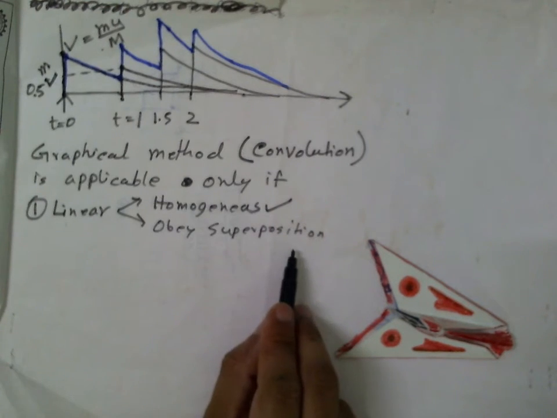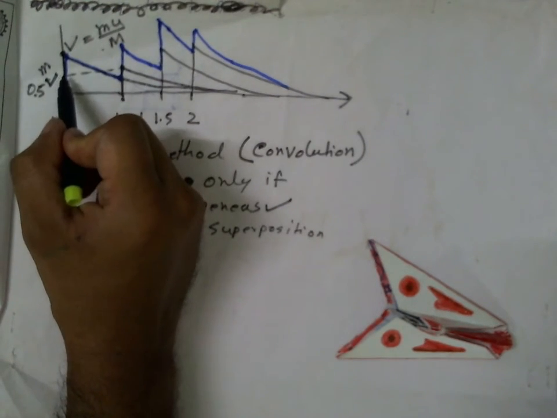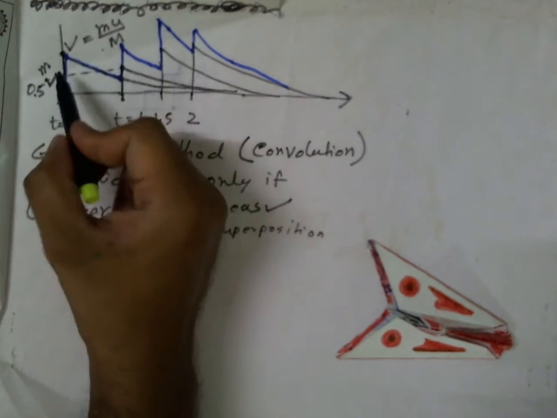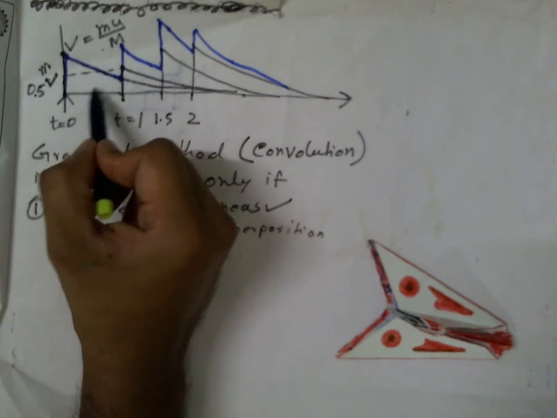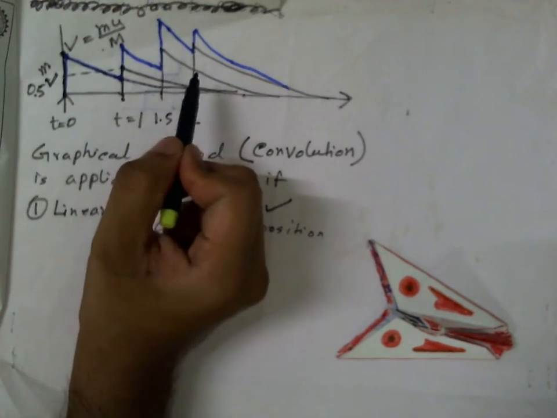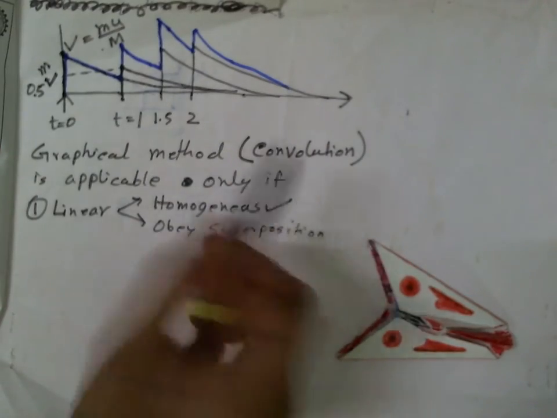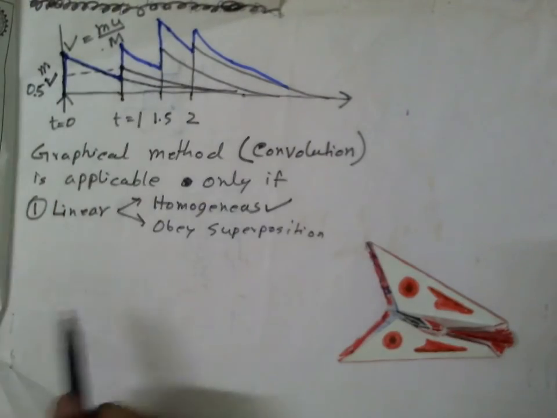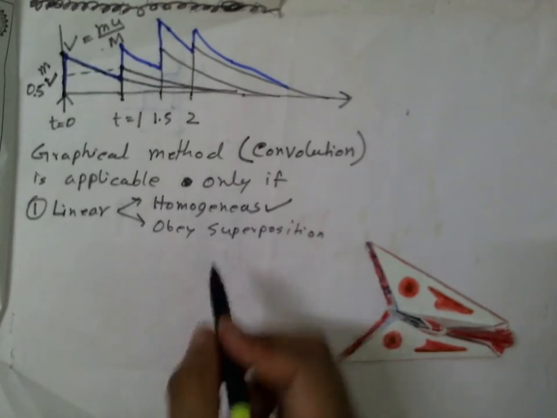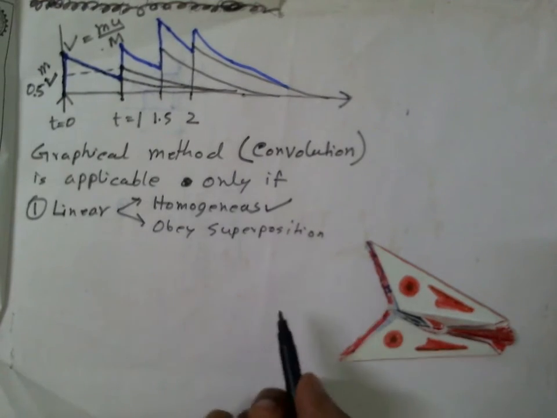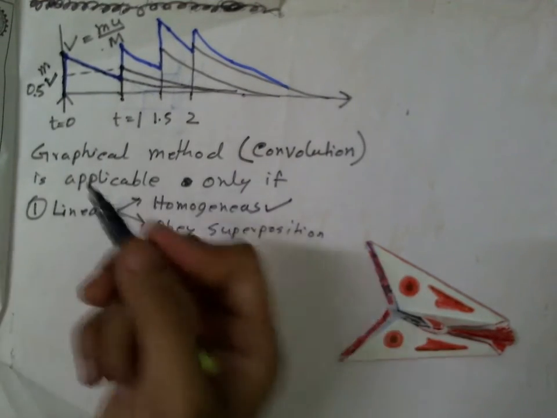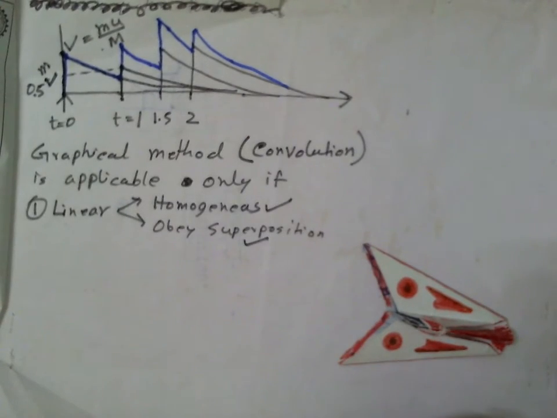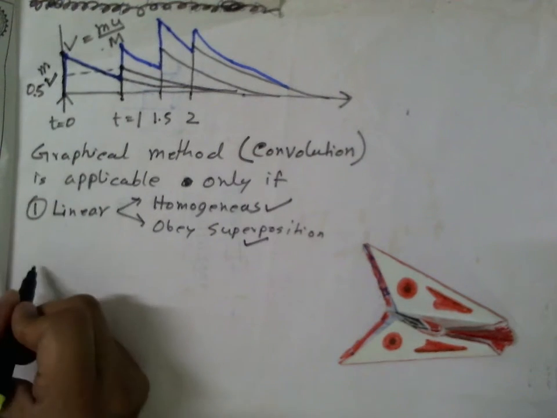By superposition, what we mean is that if there are two bursts like this, one here, another here, then the resultant velocity at any instant is the sum of the individual velocities. Of course we need that, because that's how we calculated the final velocity, by adding individual velocity curves. For that to be valid, we need this superposition principle to be obeyed by my rocket.